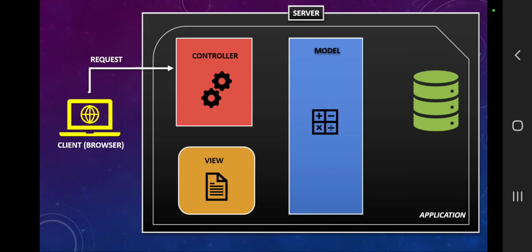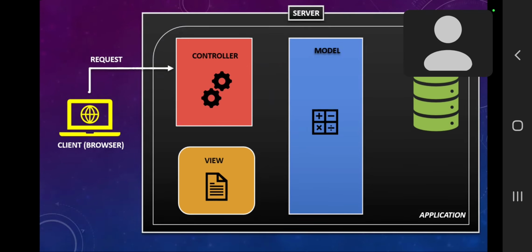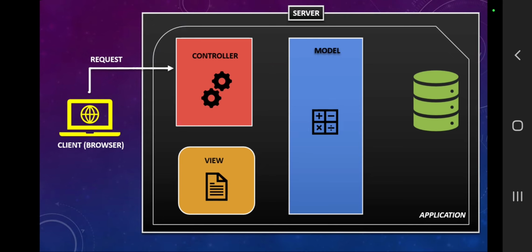If I make any request, that request goes directly to the controller first. The controller, model, and view are all code. The controller code transfers the request to the model.